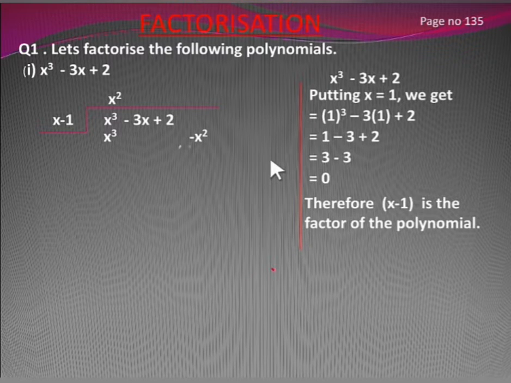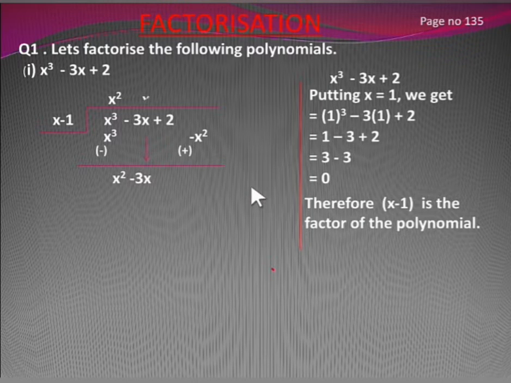Now we have to change the sign. So after subtraction, x cube minus x cube becomes 0. We don't have to write x cube now. Now we have to take this x square here and this 3x down here, minus 3x.